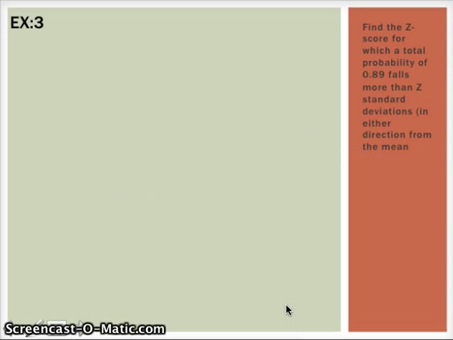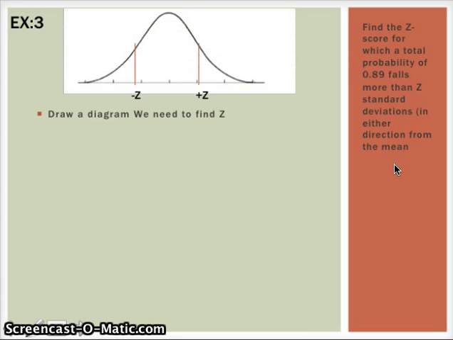Let's see if we can find the z-score for which a total probability of 0.89 falls more than z standard deviations in either direction from the mean. We're going to start by drawing a diagram. What they're asking us to do is find z. The thing we're trying to find is the number down here on the x-axis, the numbers on the outside of the table.